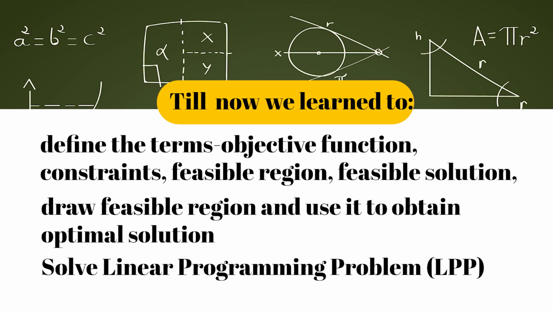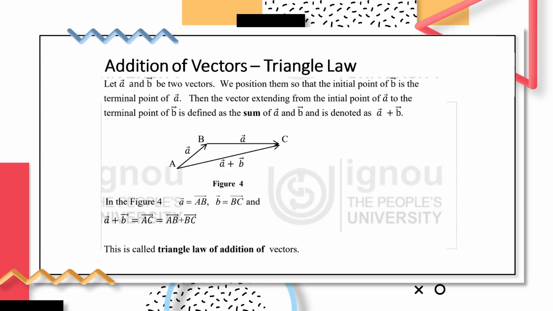And we learned how to transform a word statement problem into its mathematical equivalent, and explored the steps to solve the linear programming problem. Finally, we also understood how to apply linear programming for cost minimization.